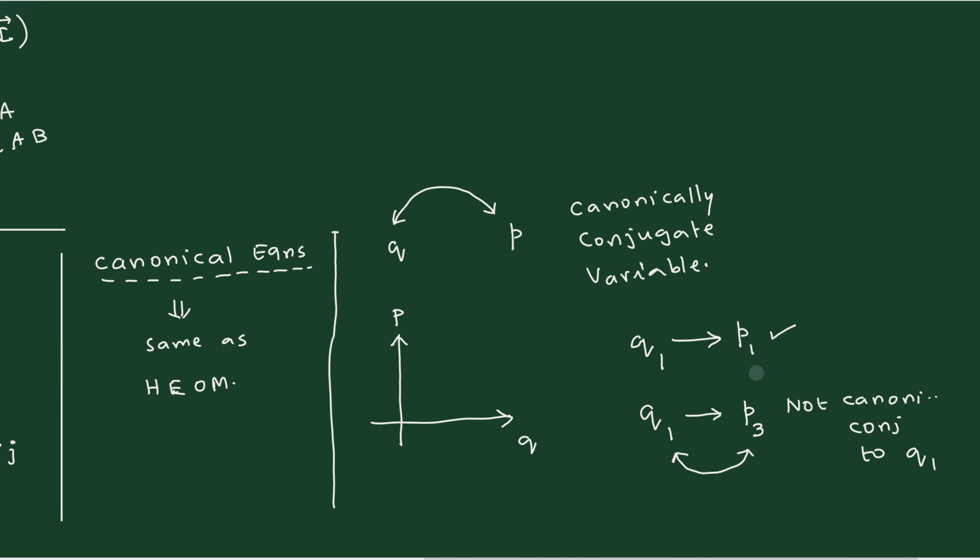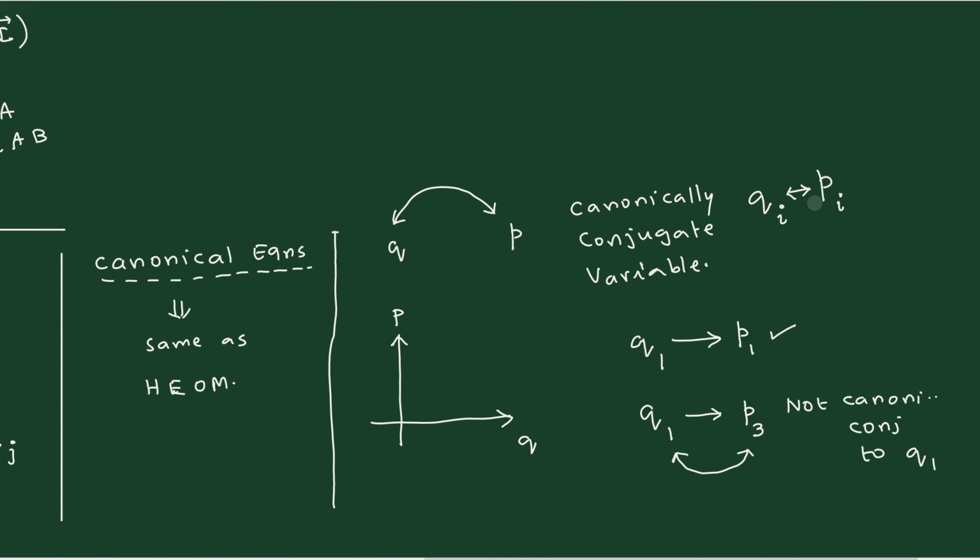The same suffix is called canonically conjugate. If on one side you have the suffix i and on the other side you have the suffix j, then they are not canonically conjugate. So when you have the suffix i here, the suffix i should be there in both. This kind of combination is known as a canonically conjugate pair.